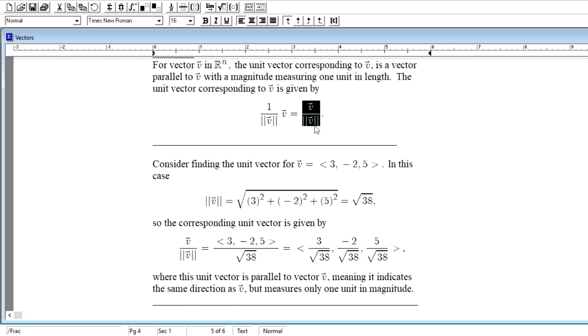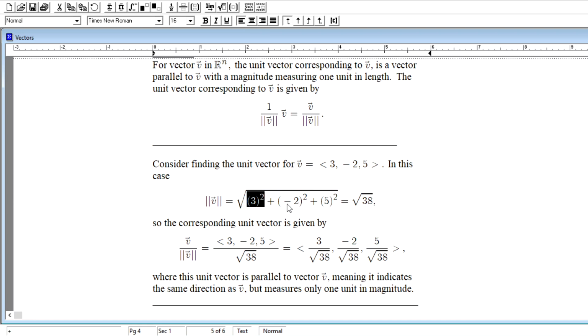That is what gives us the unit vector for a corresponding vector: if you take a vector and you divide out its magnitude, you will have a description of a unit vector for that vector. And here in vector v, the magnitude is just given by the square root of the sum of each component squared, where 3 squared is 9, negative 2 squared is 4, and 5 squared is 25.